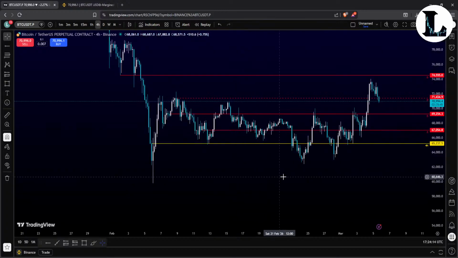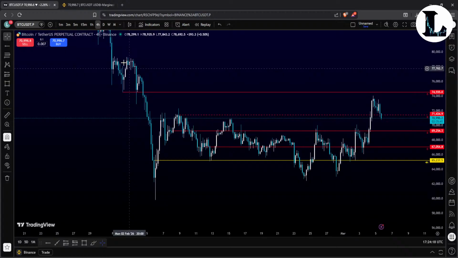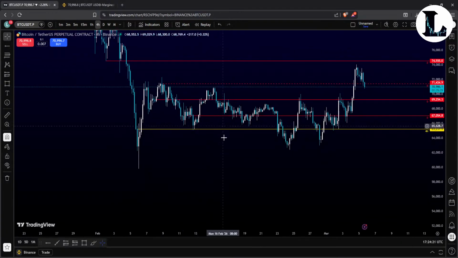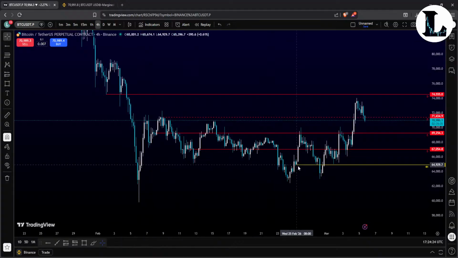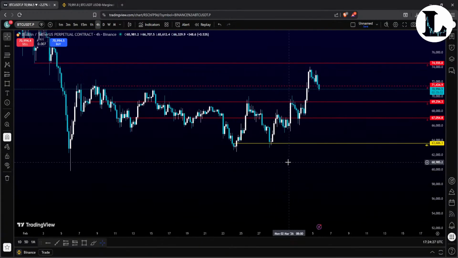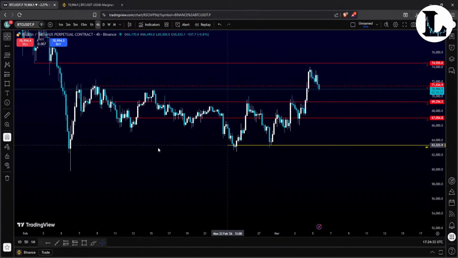And this is why, for me, this big range, counting also these candles here, is a bad range, because we did not create yet a daily big support. So you can see the 4 hour here.